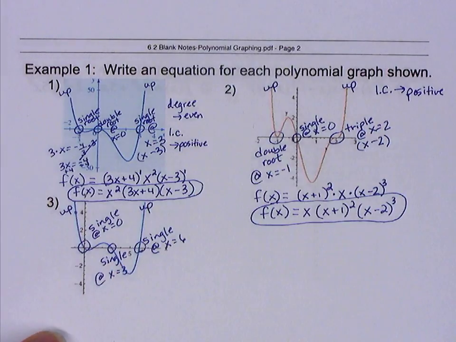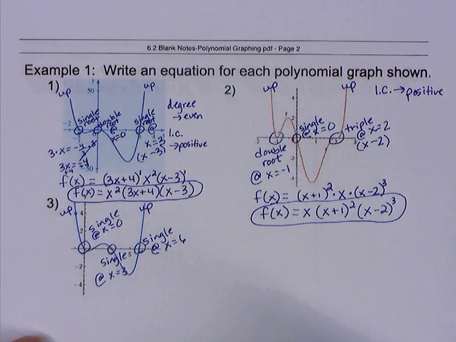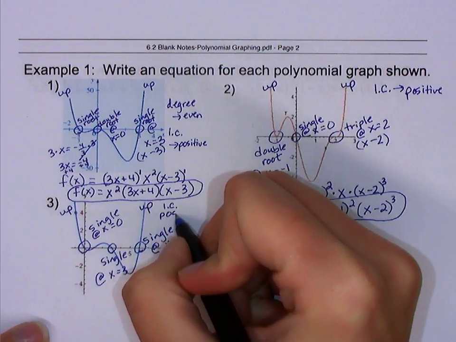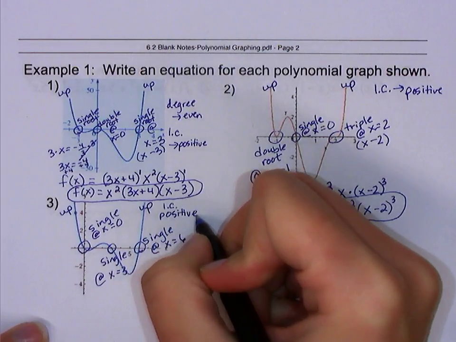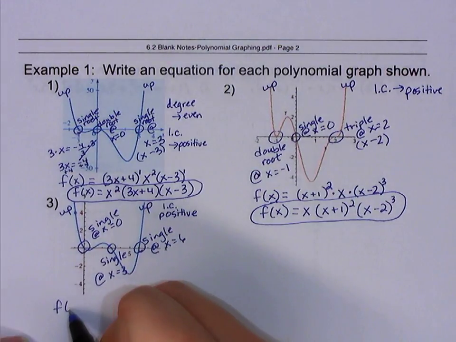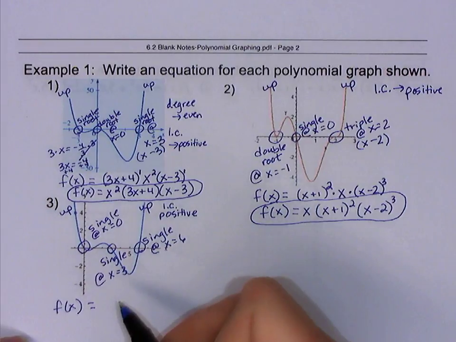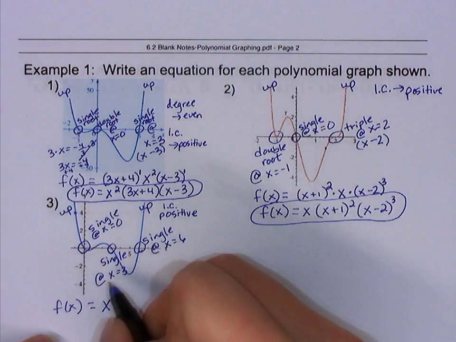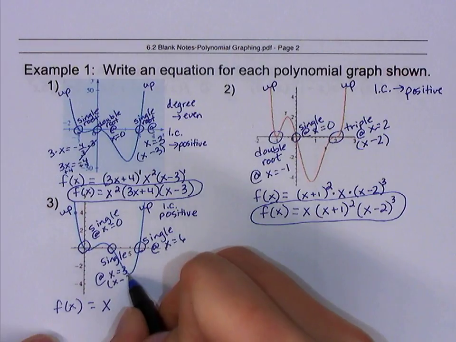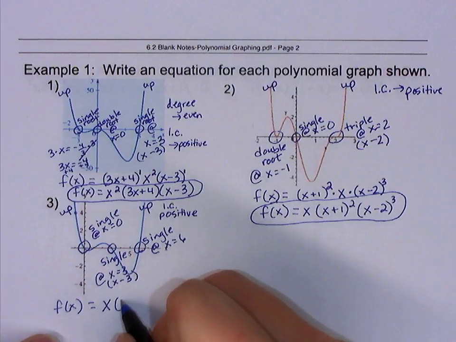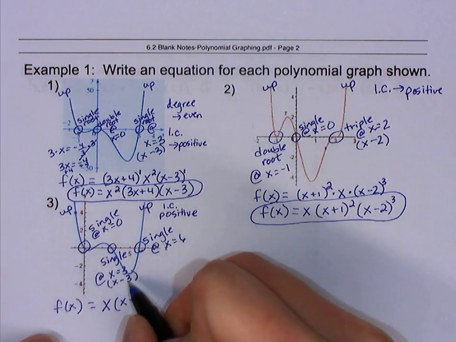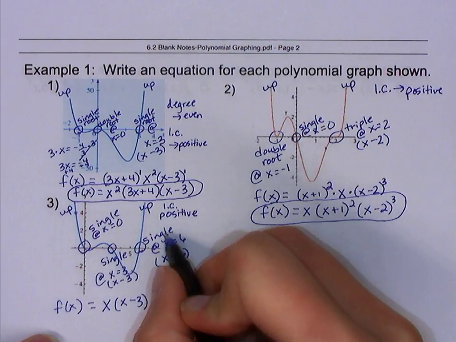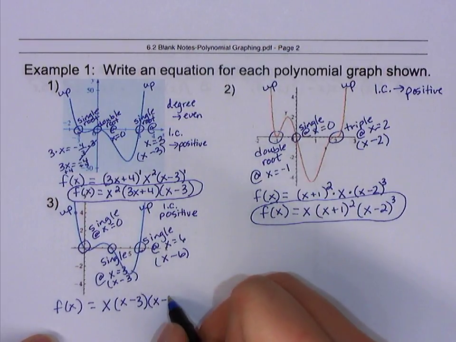Those both go up again, so your leading coefficient will be positive. So f of x equals a single at 0, so x to the first, a single at 3, so x minus 3 to the first, and a single at 6, subtract that 6 back over, x minus 6.